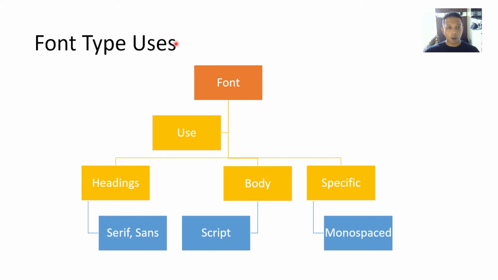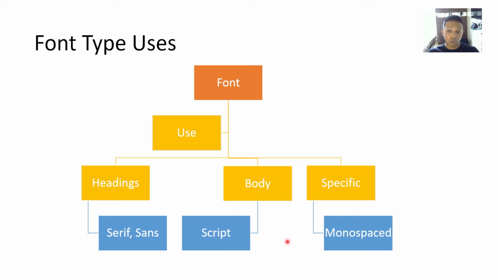Now this is the category of when to use certain types of fonts. A basic bifurcation is that for headings you use serif or sans serif, and you can also use serif and sans serif for the body content, mostly. I'll give examples. For the body, you can also use script, but only when you're trying to make the content very fancy, specifically when creating logos or writing a tagline.